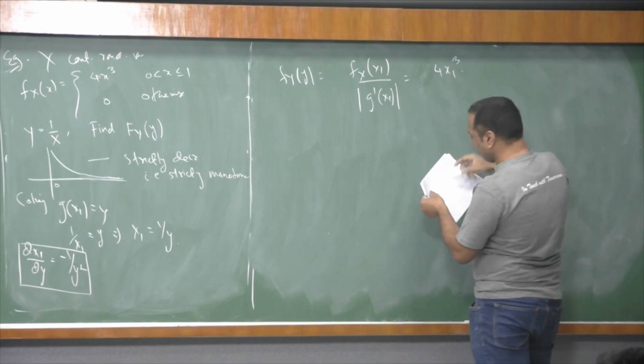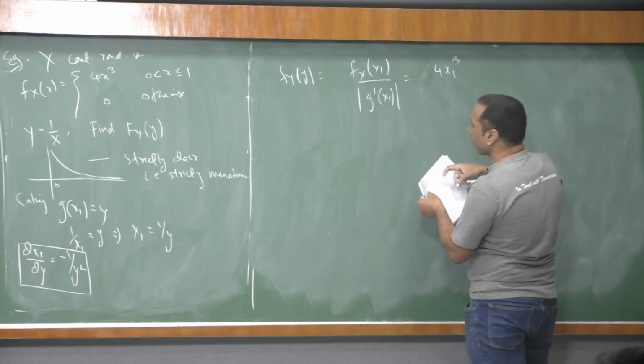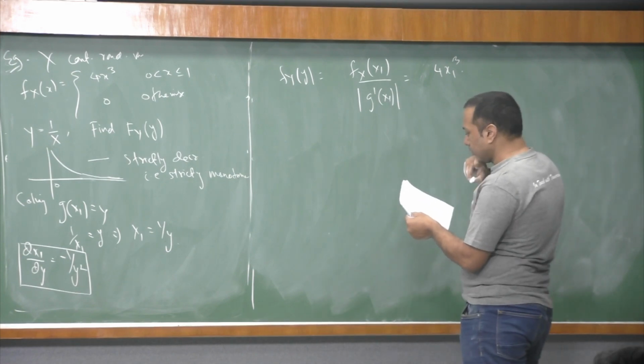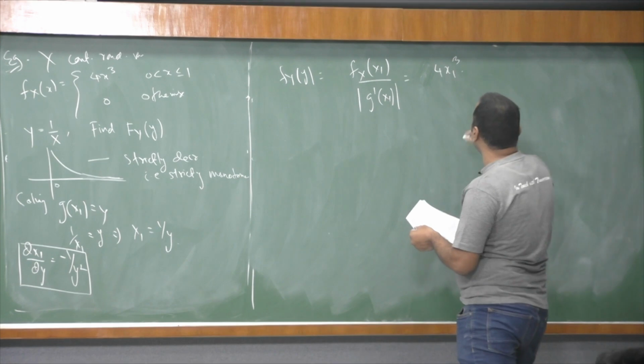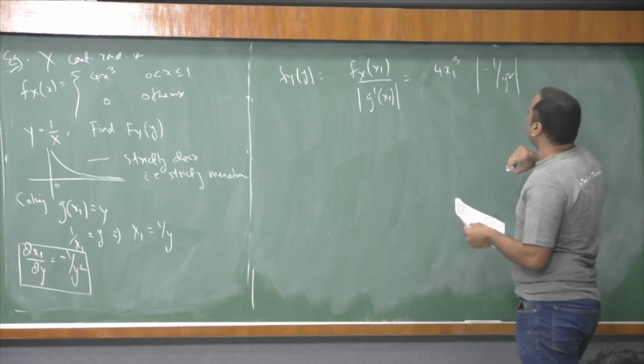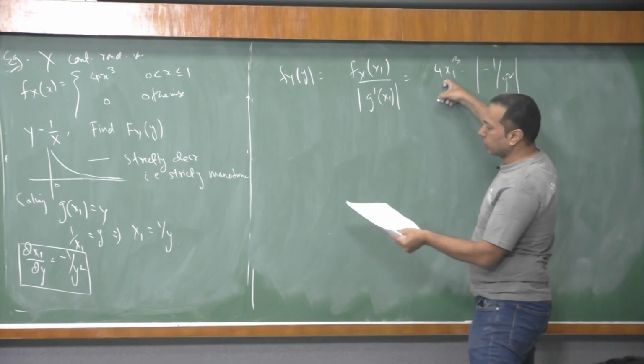So this is dx1 by dy, which is minus 1 by y squared, and x1 for us was 1 by y.